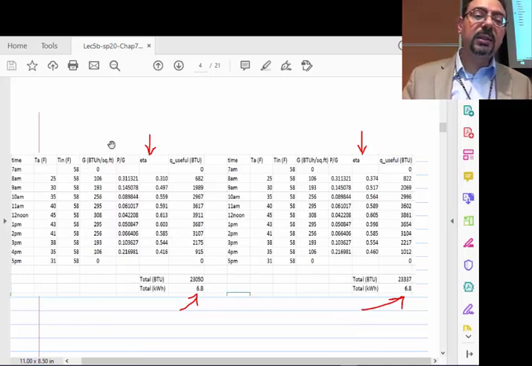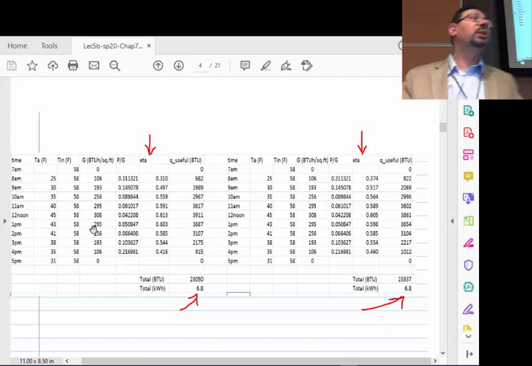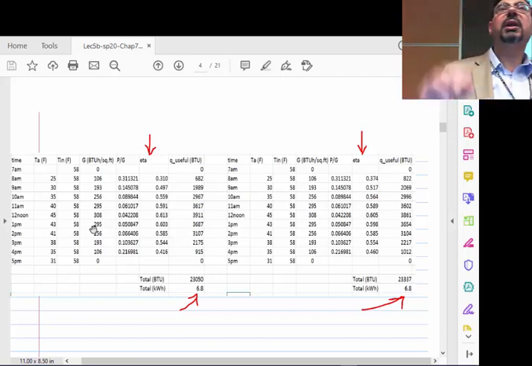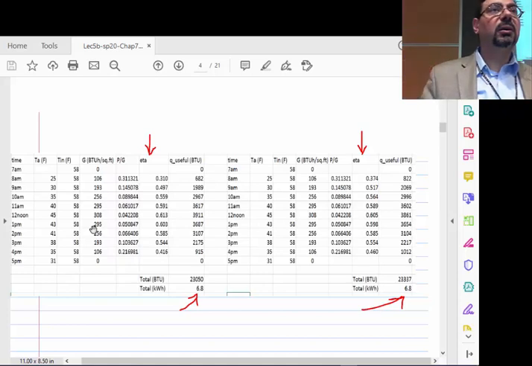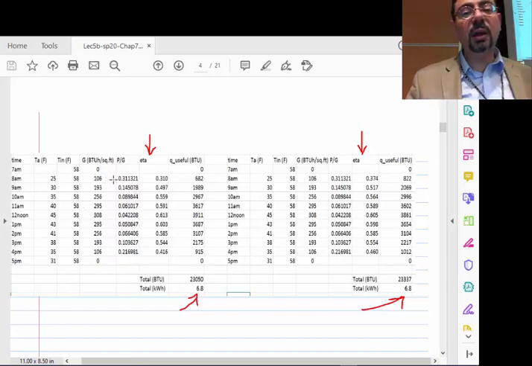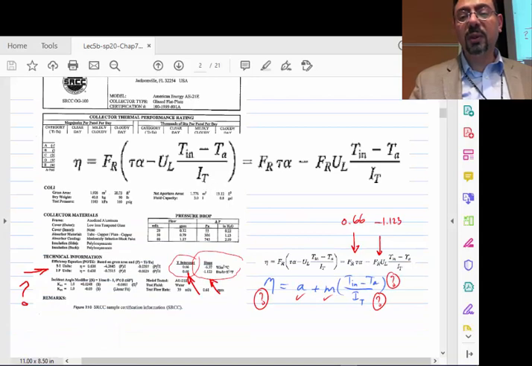And now this, the watt per meter square, or in here it's BTU per hour per square foot. So you will get this from where? From the table of that particular city for that particular tilt. That's how much incident radiation is falling on your roof. So now with T ambient, T inlet, and I, you got yourself those three.